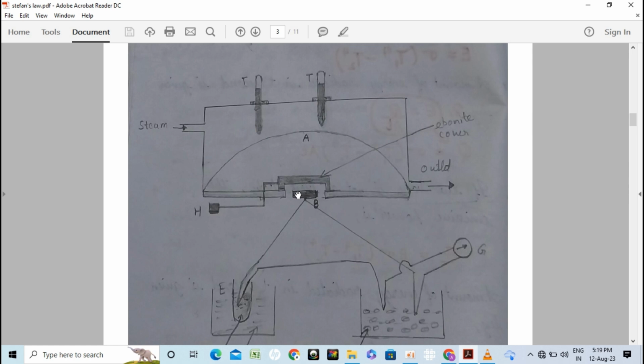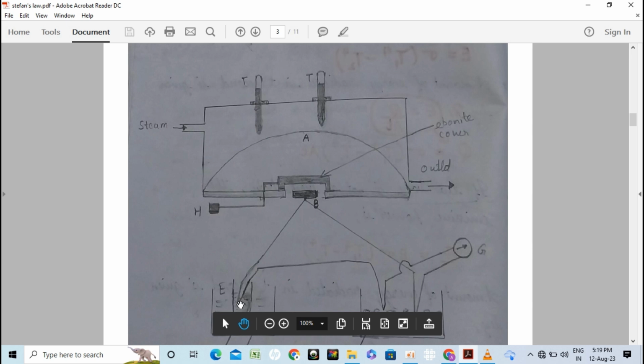Now the upper surface of the silver disc B will absorb these radiations. So the thermocouple junction attached here will act as the hot junction, and this junction will remain at room temperature, so this junction is the cold junction. In our standardization of the thermocouple, this was the hot junction and this was the cold junction.